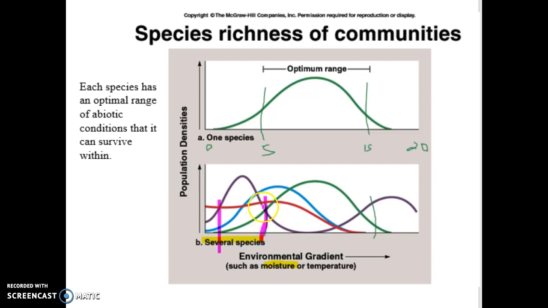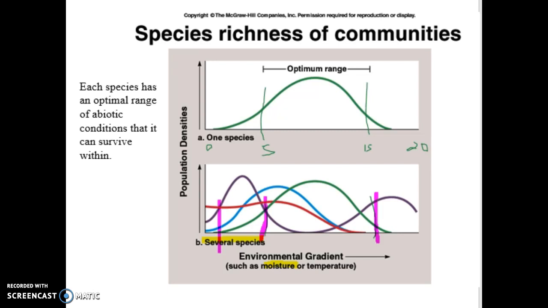But once you hit 5, this purple species population doesn't do so well, and it can't survive in that moderate rainfall. It does better as it gets wetter though, so once it gets into about 15 inches of rainfall, then the purple species starts to do really well, all the way up until 20 inches of rain. So if you notice, there's an overlap between the purple and the green species, but not a direct overlap.